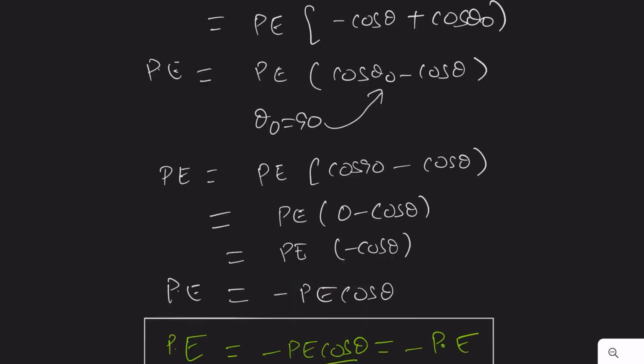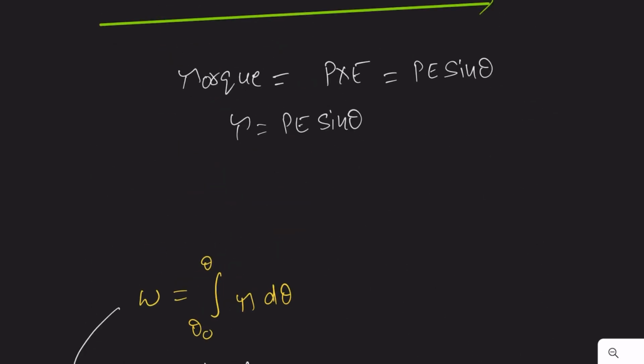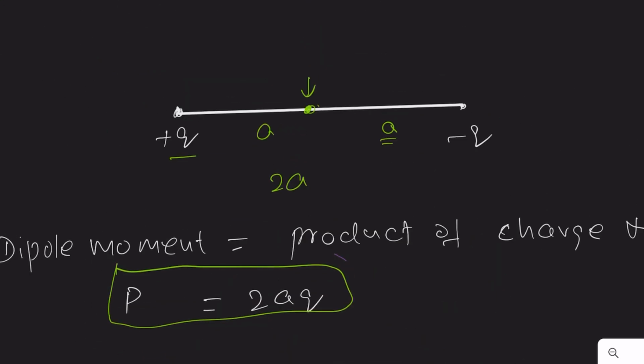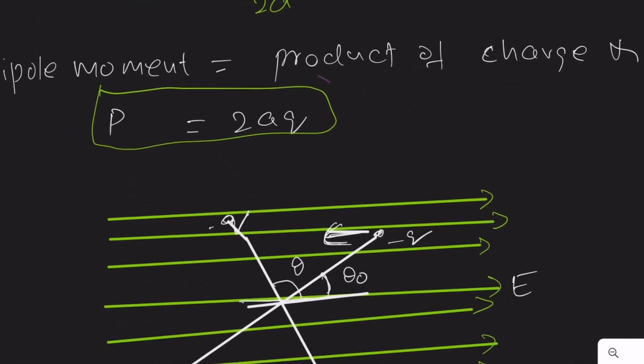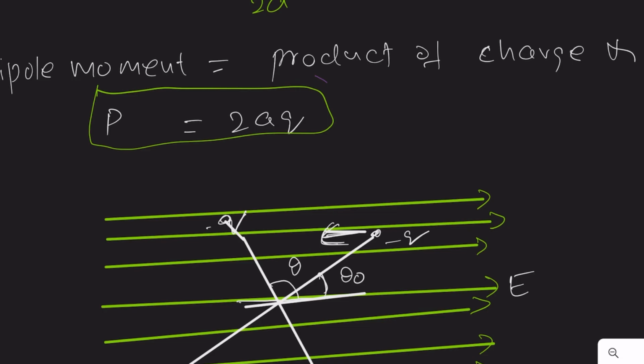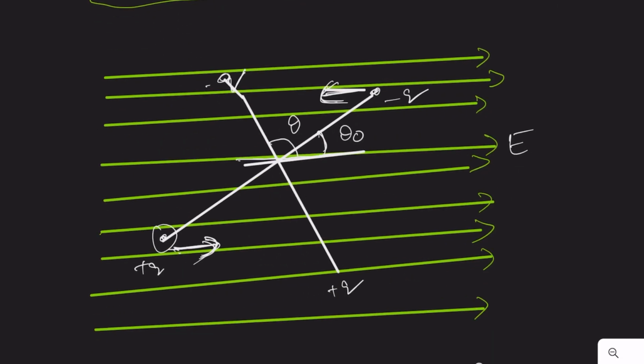So how do you write this answer? Let's go to a simple explanation. First, to derive an expression, take here the dipole and write the formula for dipole moment, showing this diagram. So uniform electric field. So dipole is rotated from theta naught to theta.